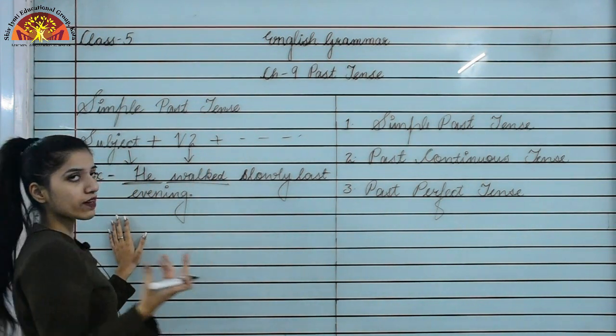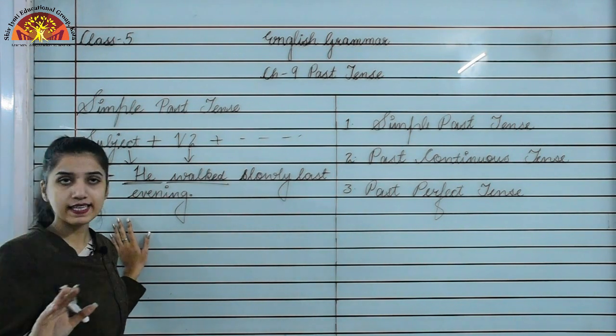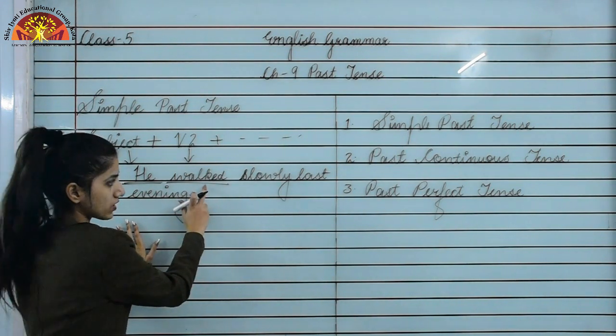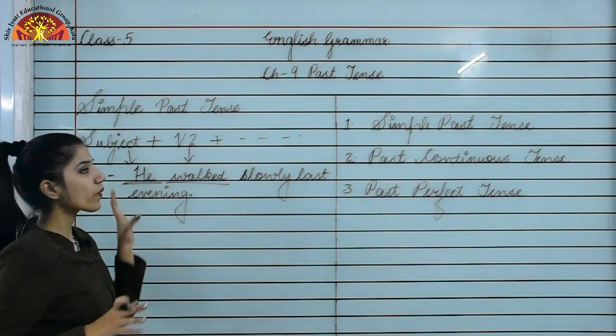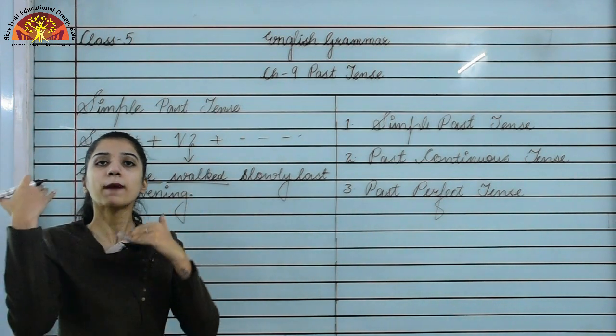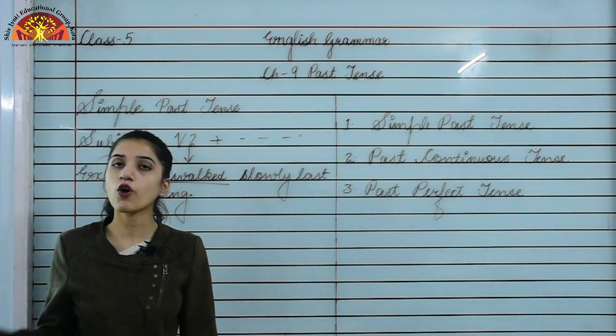Walk is the main verb and the second form, or the past form, is walked. Now there are some ways to form the past tense form of the verbs.